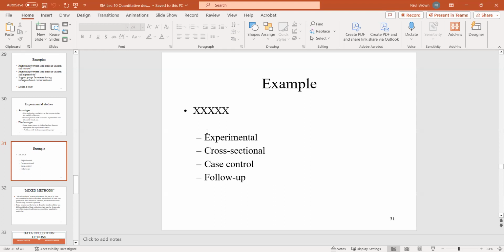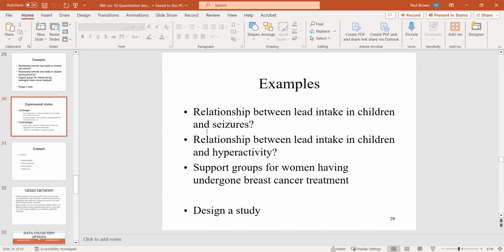Okay. I can see the enthusiasm in your eyes. So let's do it. Break into groups of a couple, and then come up with your independent variable, your dependent variable, and who's the group that you're going to follow.